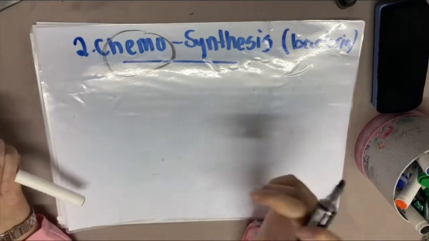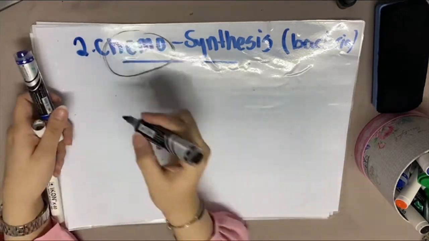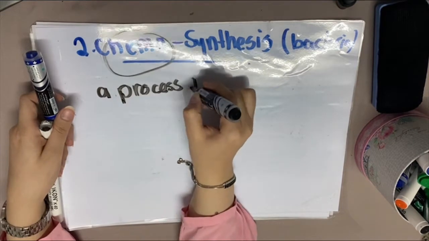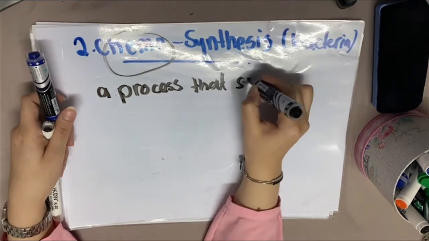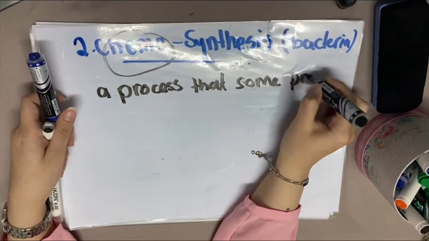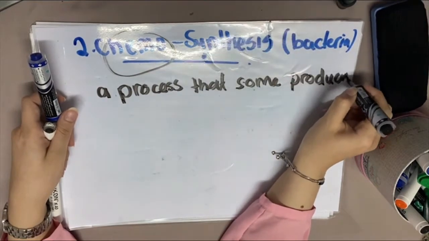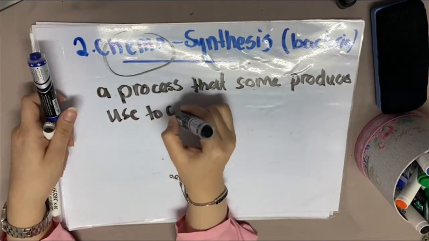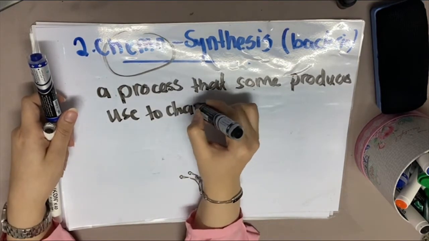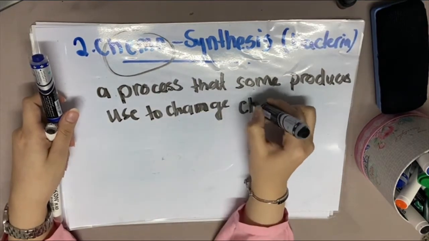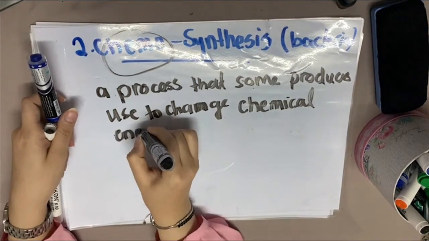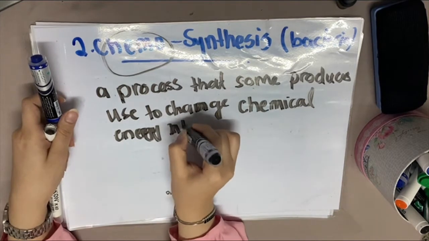So what is chemosynthesis? Chemosynthesis is a process that some producers use to change chemical energy into food energy.